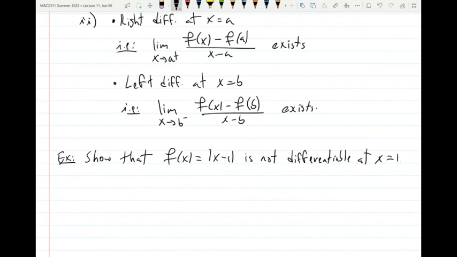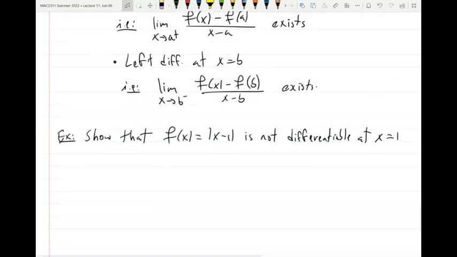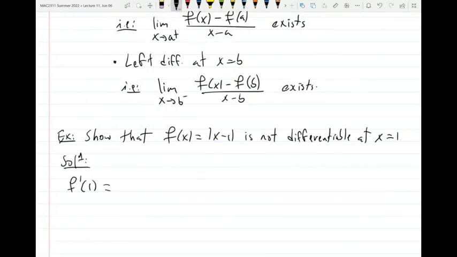And because we don't have any formula here, and because this is piecewise, because remember, absolute value functions are piecewise, even though they don't appear to be, they are. We need to do this by definition. Okay, so solution. I want to find f prime of 1, and I'm going to use the alternative form.